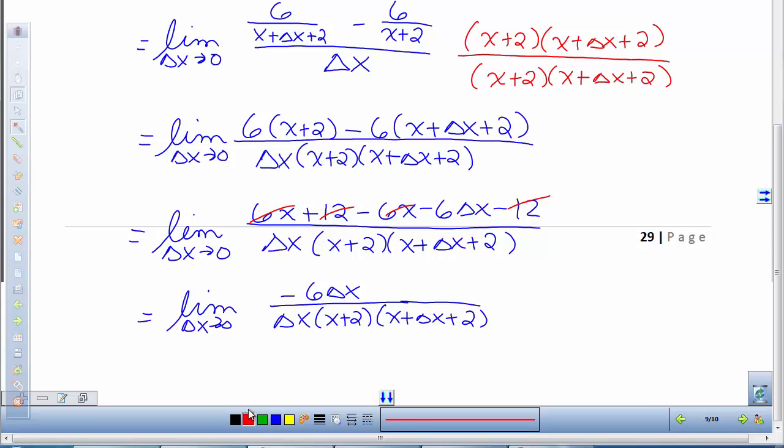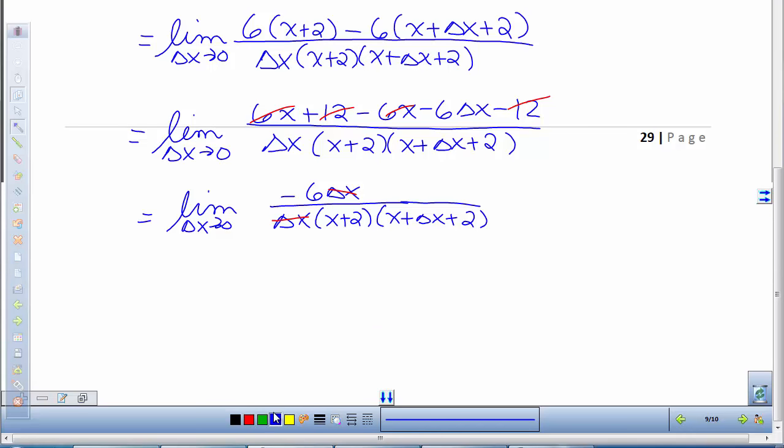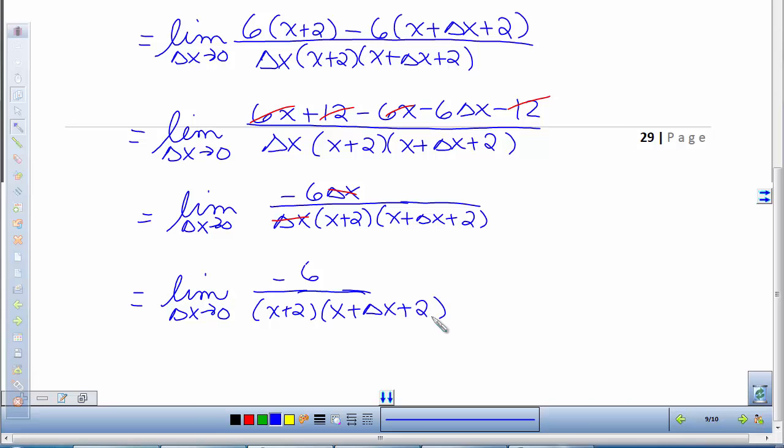Okay, the delta x's cancel out. And so we've got the limit as delta x approaches 0 of negative 6 over x plus 2 times x plus delta x plus 2. Okay, now we can go on and take the limit by plugging in 0 for delta x.